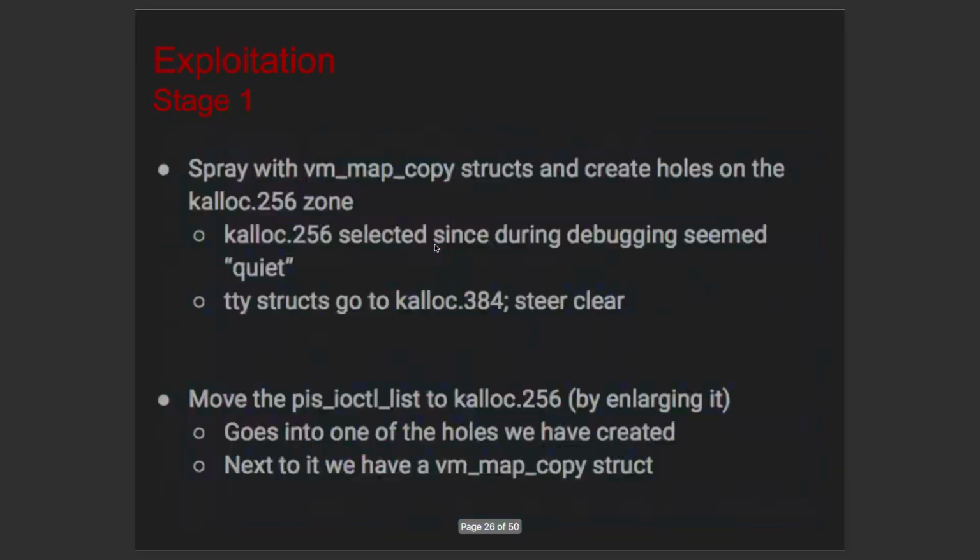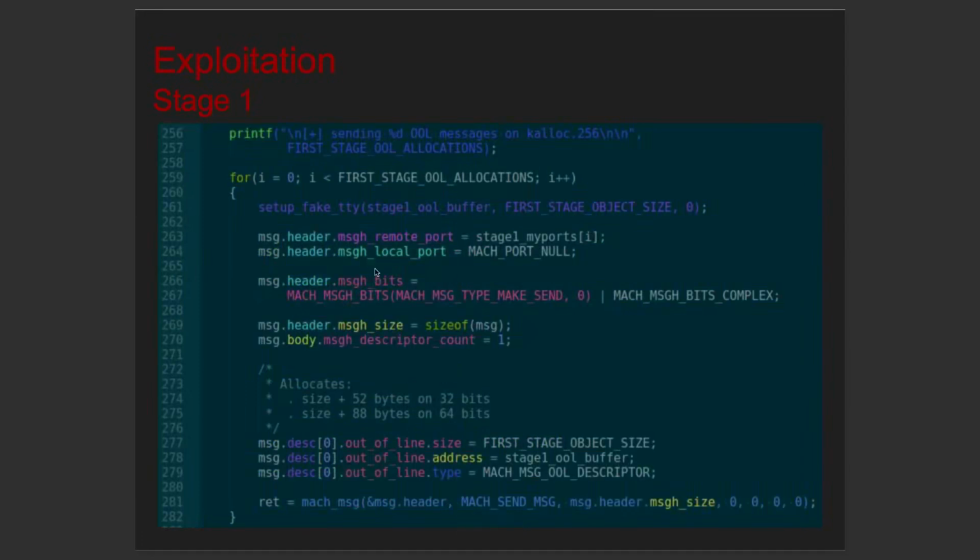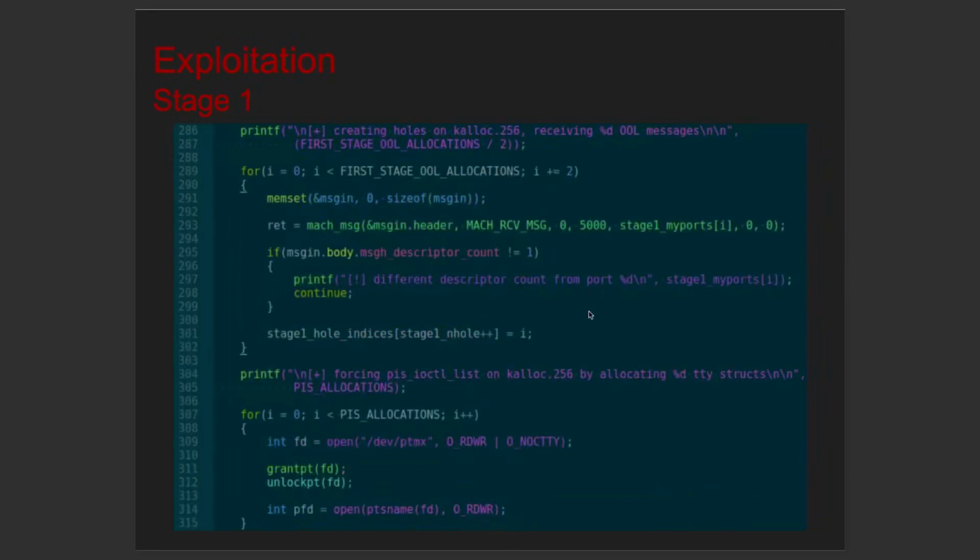Now, the code for doing that looks something like this. If you see here, the out-of-line Mach messages are basically these VMAP copy structs. Their size is 256, their buffer doesn't matter at this point, and you just send them with mach_msg send. And then after I have sprayed with them, you free every second one with this loop here.